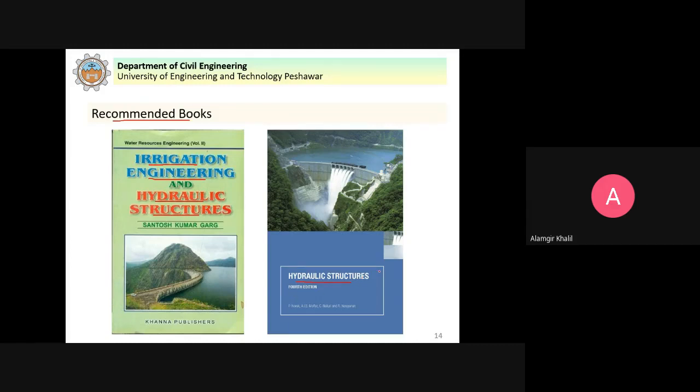So this book is not available in the library, but this is available online and you can download from internet sources. Whereas this book, Irrigation Engineering and Hydraulic Structures, we have 54 copies in the Civil Engineering Department library. So if you are interested to get a hard copy of this book, 54 copies we have currently in our departmental library.